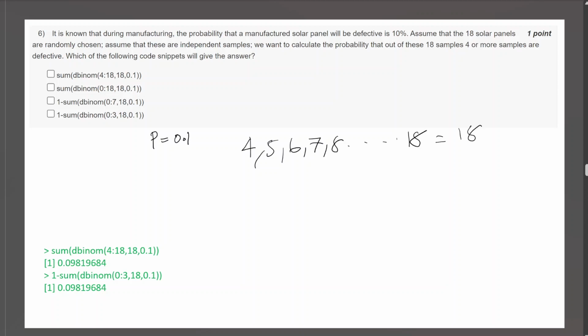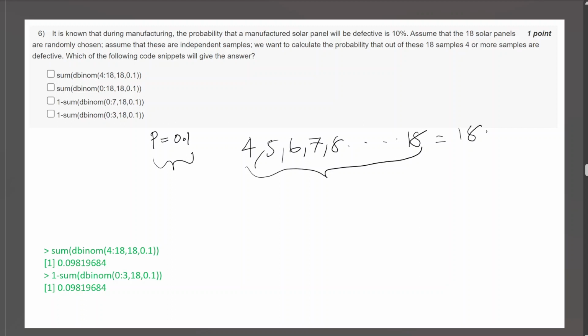The size is 18, and they're asking for 4 to 18, so we have to calculate the probability for all of those values and make it cumulative. The probability of success, meaning the panel being defective, is 10%.